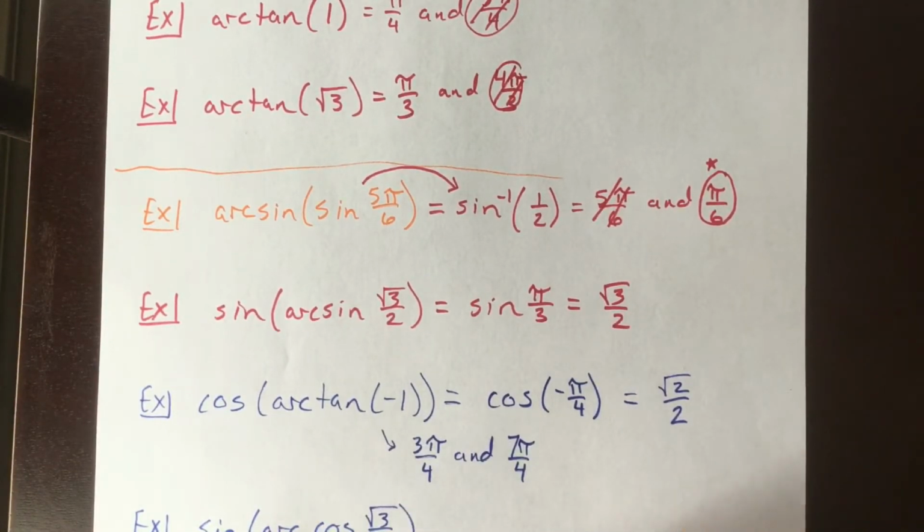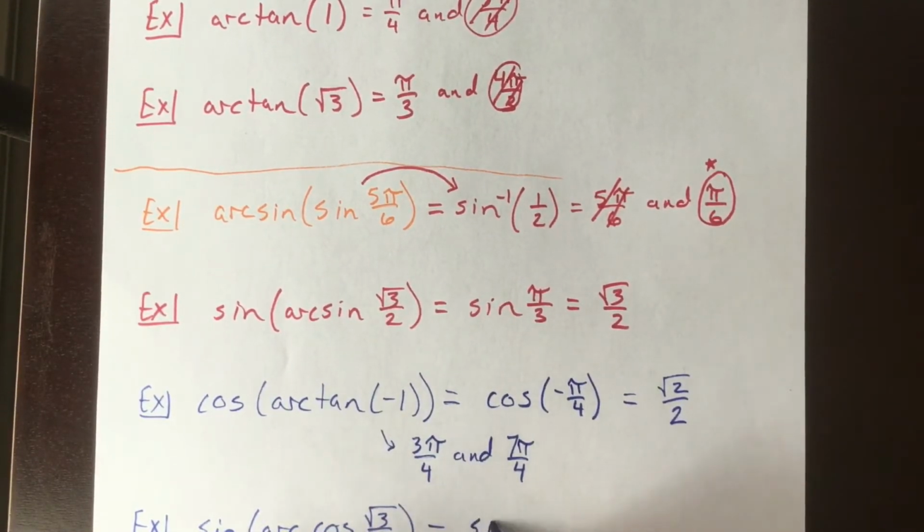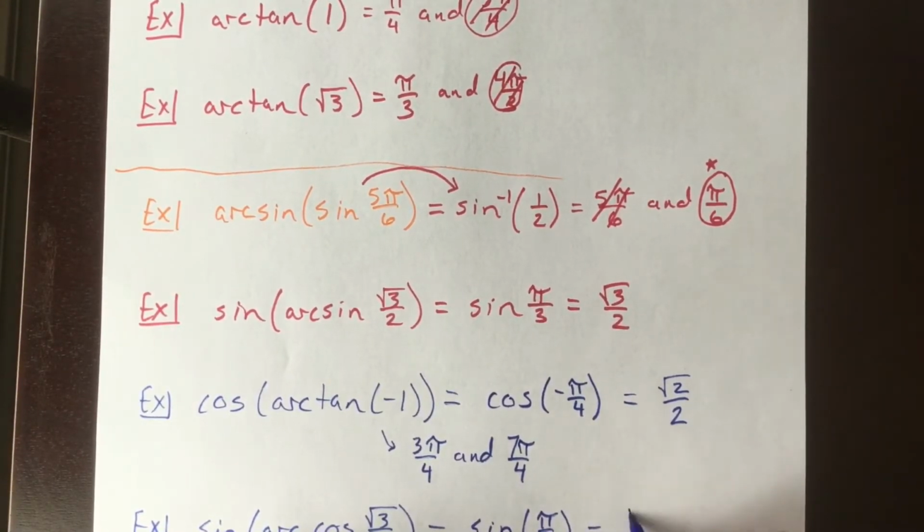But 11 pi over 6 is not within the range of arc cosine, so we're now wanting the sine of pi over 6, which is 1/2.